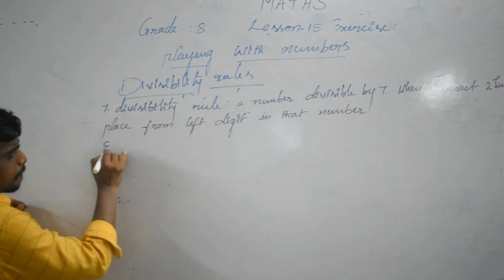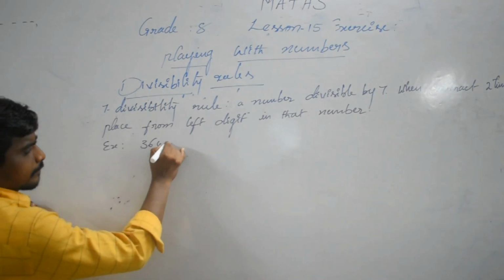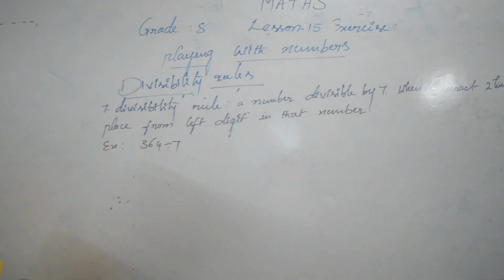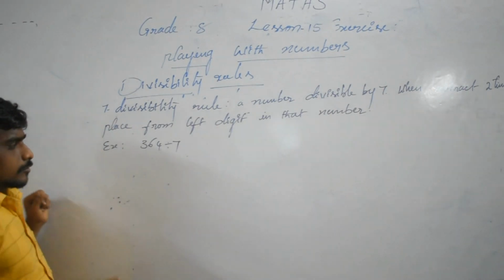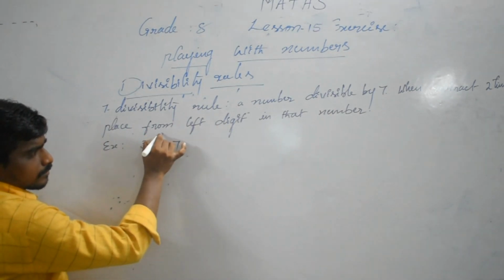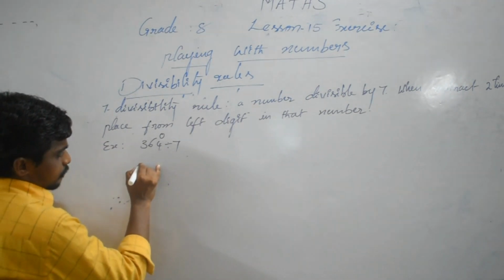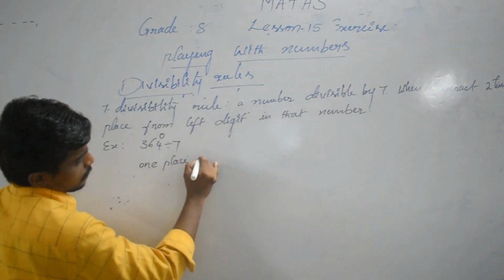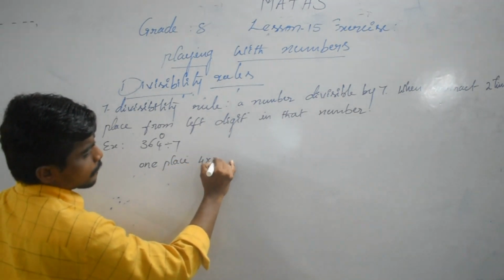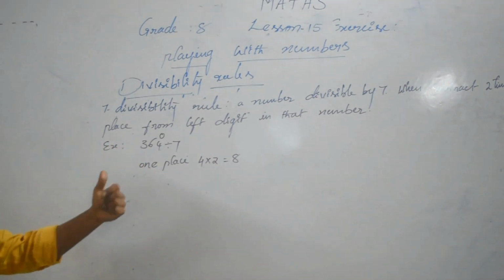So here, example: 364 divided by 7. 364, so ones place which number? 4. 4 2 times, how much? 8. The remaining left numbers are 36.